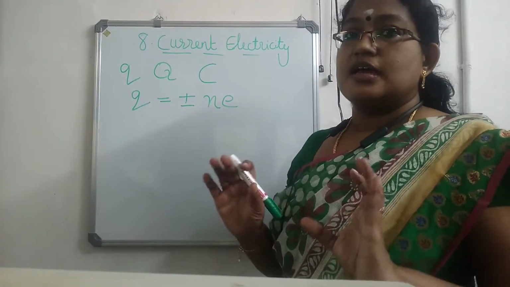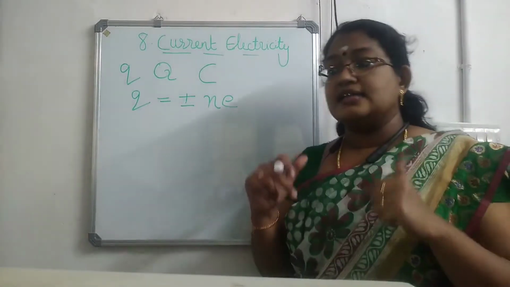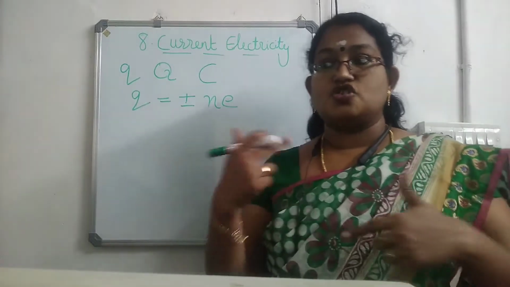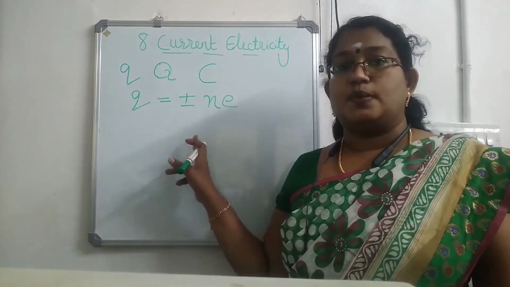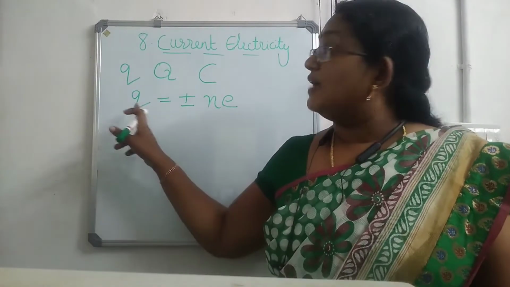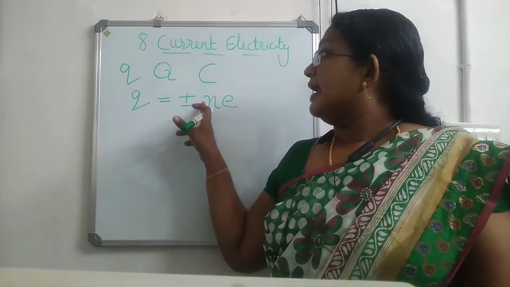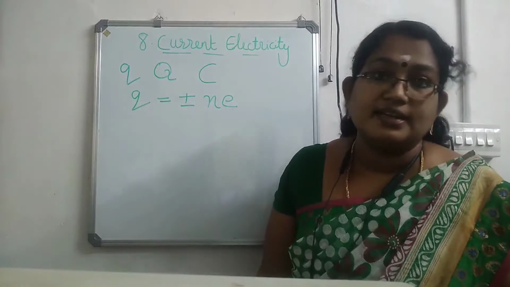Then charge of a body will be generally represented either as the deficit of electrons or as the excess of electrons. So for that we have an equation. Q is equal to plus or minus Ne, where Q is the charge, N stands for the number of electrons and e stands for the charge of an electron.